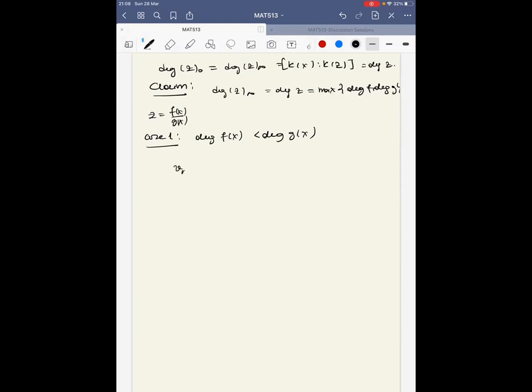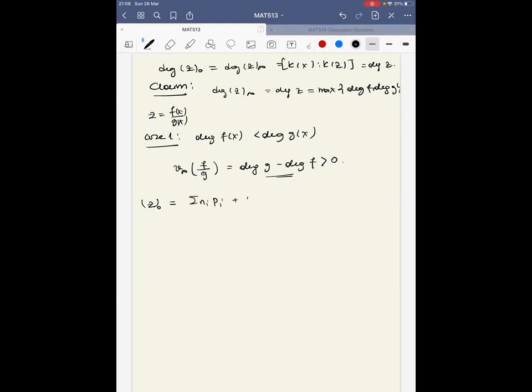In this case, the valuation of z at P infinity is degree g minus degree f, which is strictly positive. That means, if this is strictly positive, P infinity will be a part of the zero divisor of z.